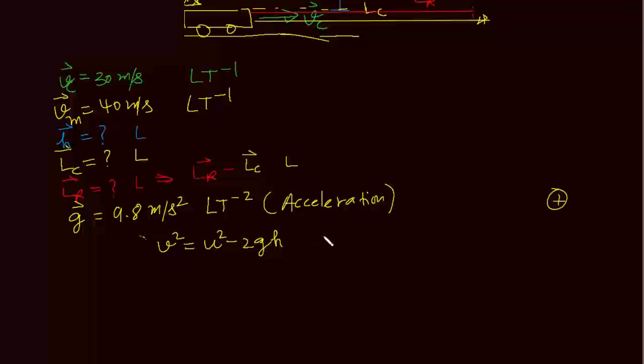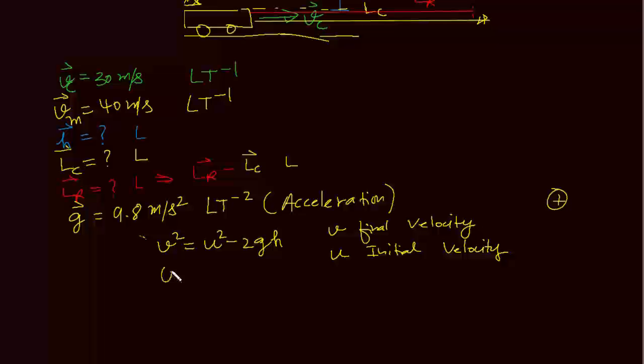V is the final velocity, U is the initial velocity, and we know that the final velocity will be 0.